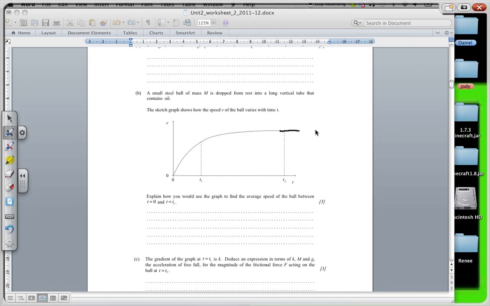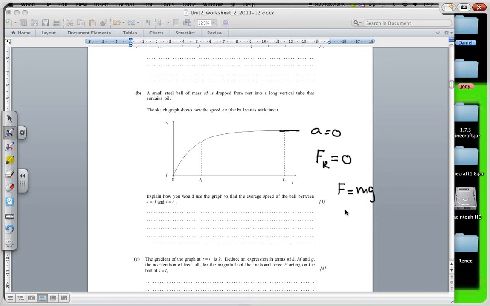There is no acceleration, acceleration is equal to 0, and therefore the resultant force, or the net force acting on it, is 0. Therefore we can say that your frictional force must equal the force due to gravity, the weight at that point.